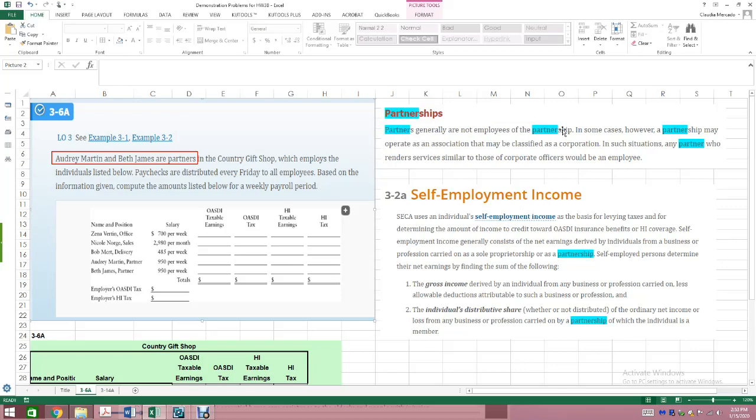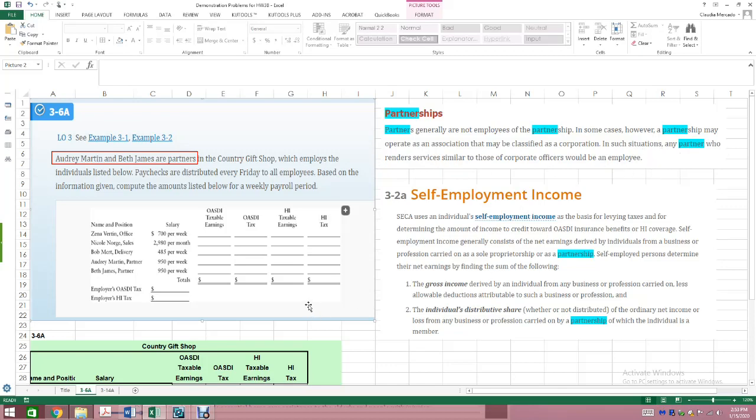That is very important. If you're a partner, you're not considered an employee. In some rare instances, however, a partnership may operate as an association that may be classified as a corporation. In such situations, any partner who renders services similar to those of a corporate officer will be an employee.